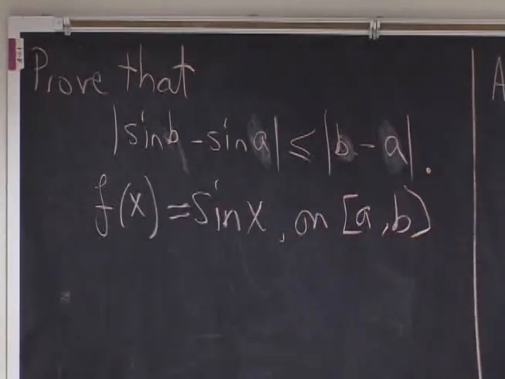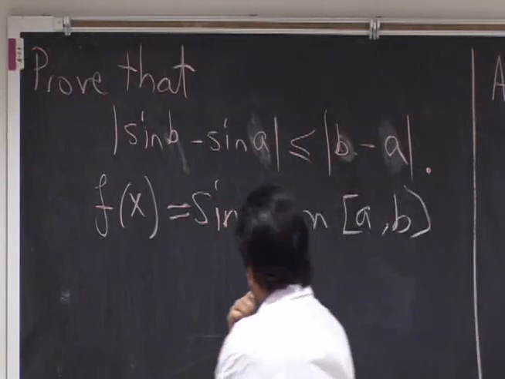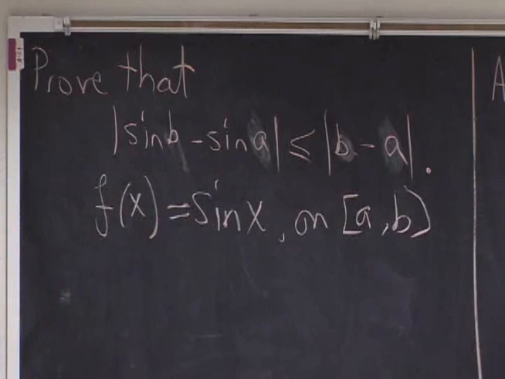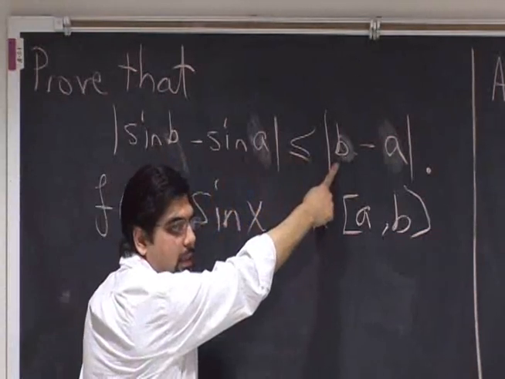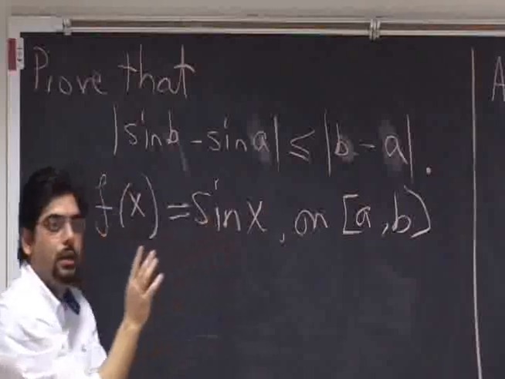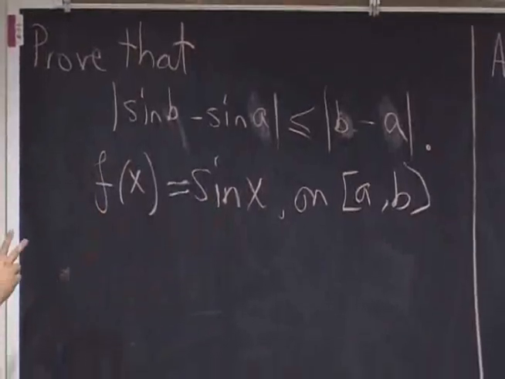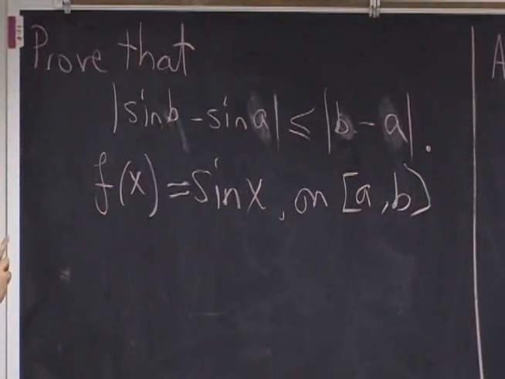How about a, b? Okay. And then let's try to create some of these expressions in a meaningful way. So this is like f of b minus f of a, and this is b minus a. The quotient of these two is what the mean value theorem says something about. So let's see what the mean value theorem says. It'll naturally lead us somewhere.